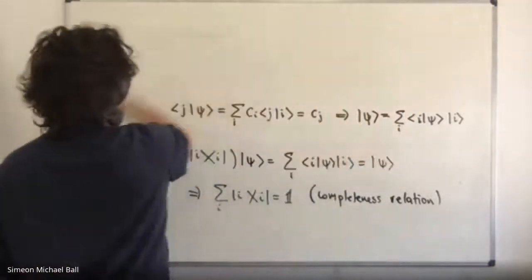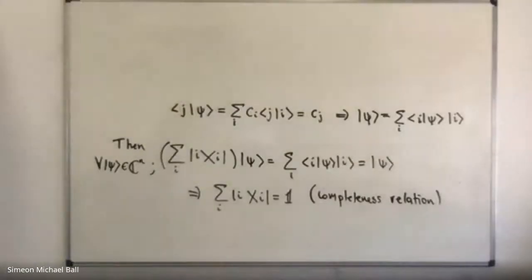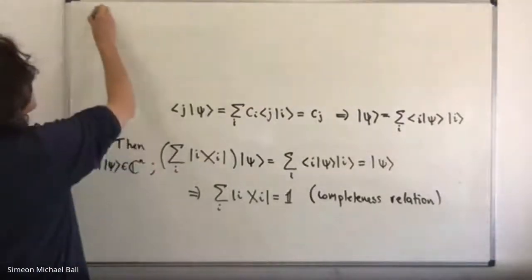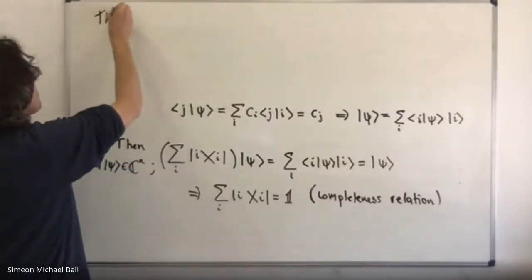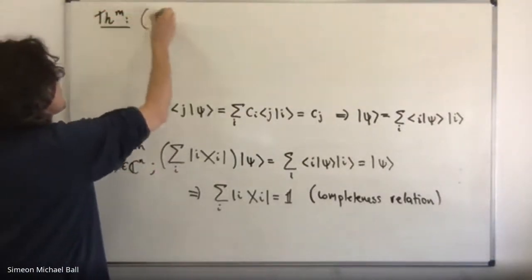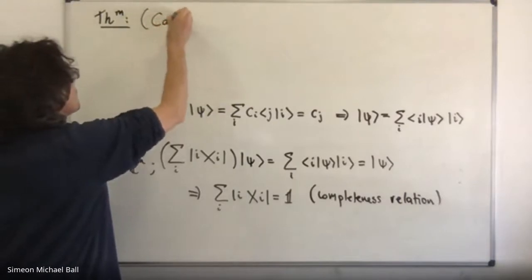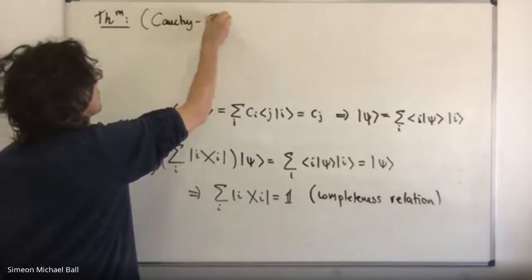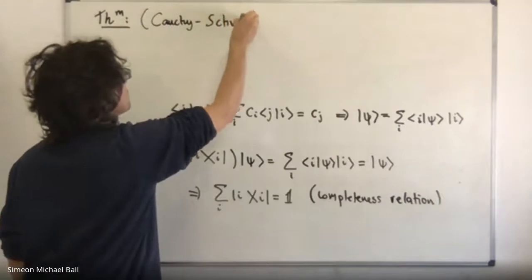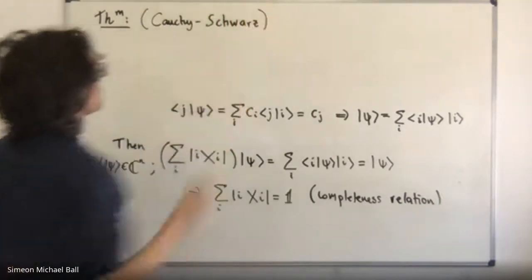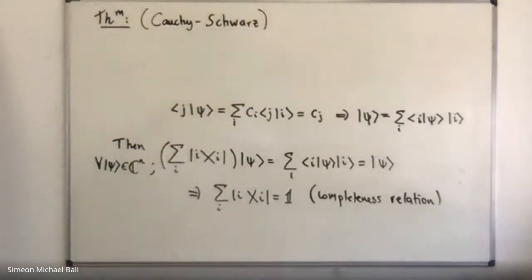This is your very, very famous Cauchy-Schwarz inequality. I know you've all seen this before, but I want to write this using the Dirac notation.